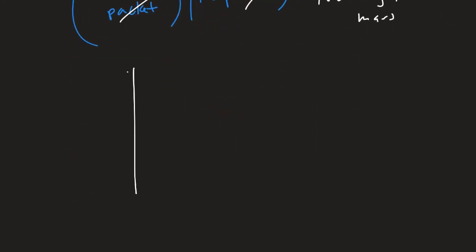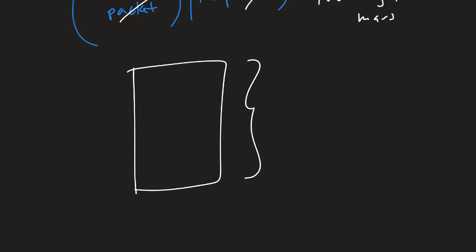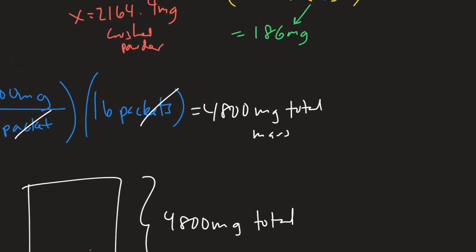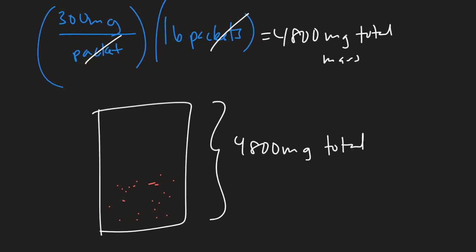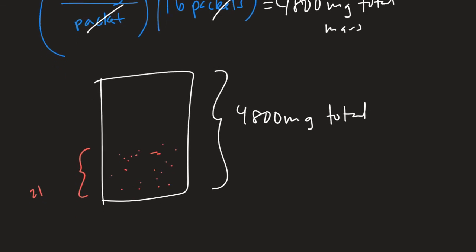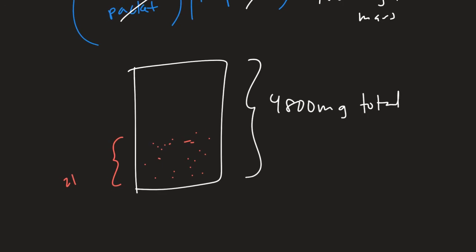So we know that the whole packet should weigh 4,800 milligrams total. We know the crushed powder from the AI tablet should be 2164.4 milligrams.